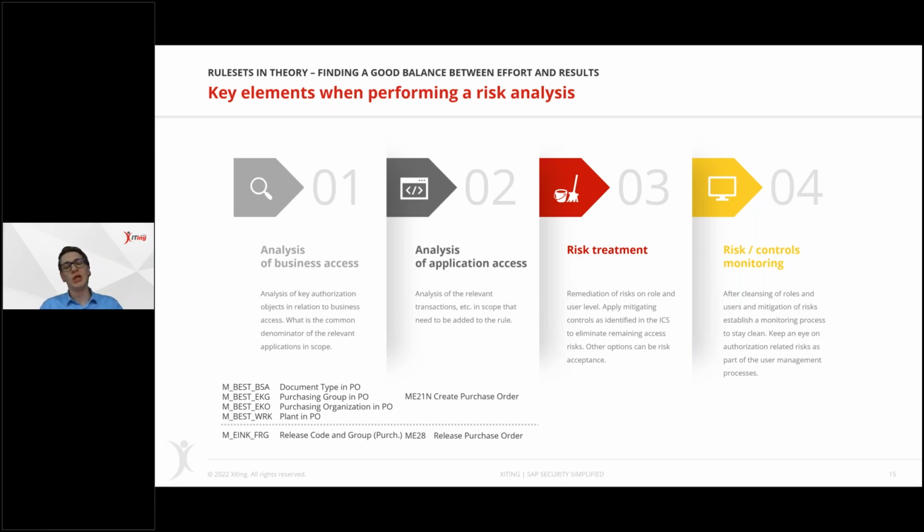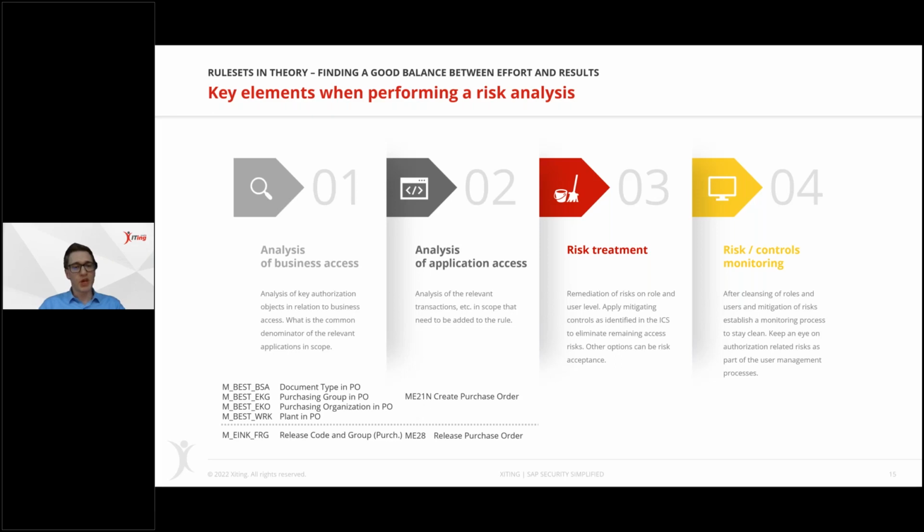In the end, we concluded it only makes sense to have all the relevant transactions and other application objects in the rule set in combination with the business access. So basically the business access reflected by certain authorization objects that are the common denominator of all the transactions within such a rule.